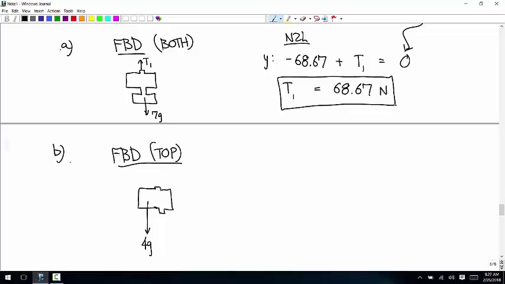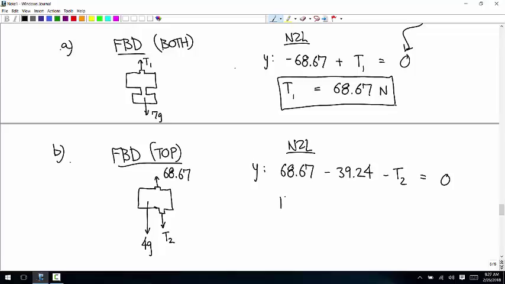This is fine too because now we know that this force is 68.67. We just calculated that. And then we'll call this T2. And so Newton's second law says, in the y direction, 68.67 minus 39.24 minus T2 is equal to 0. So T2 is equal to 29.43 newtons.